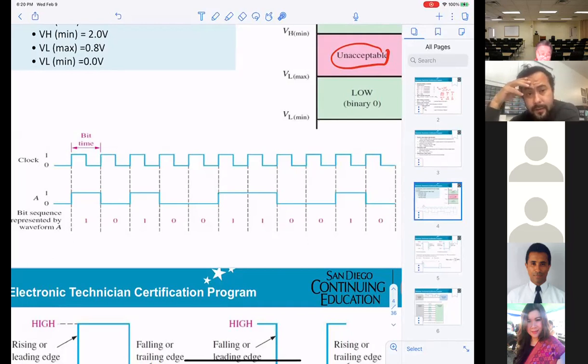That's ideal, but you do not get exactly 5. You can get 3.5 or 4 volt for logic 1. And 0 is not completely 0 volt. They can be 0.1, 0.2. That's to be okay.